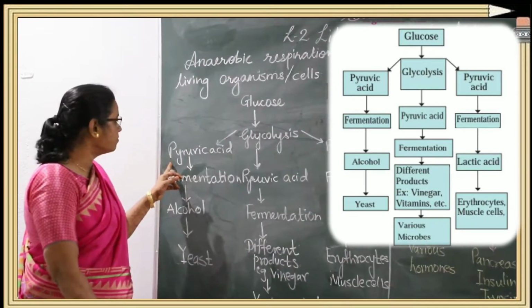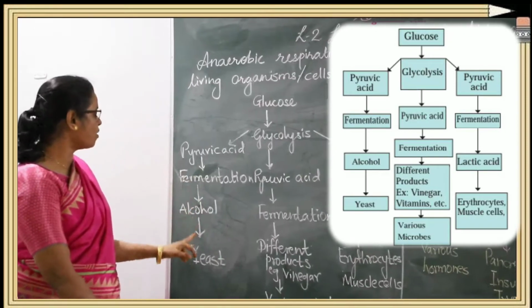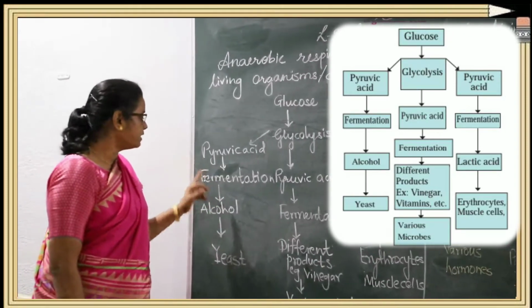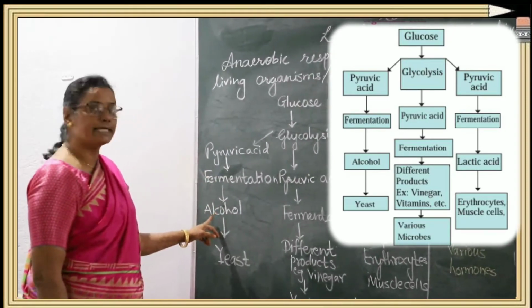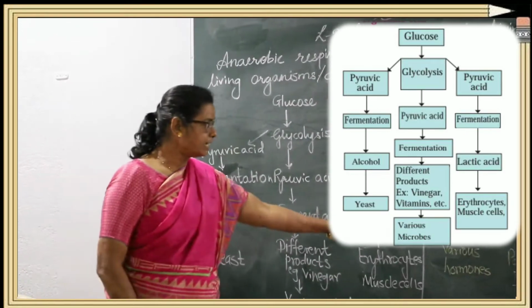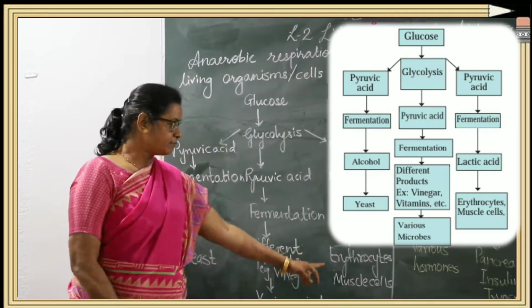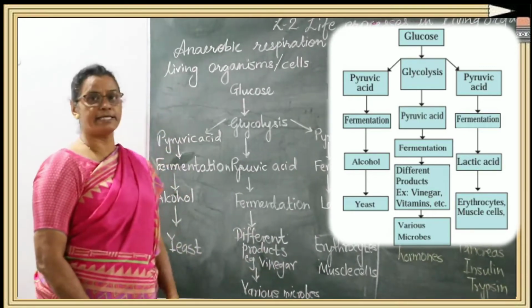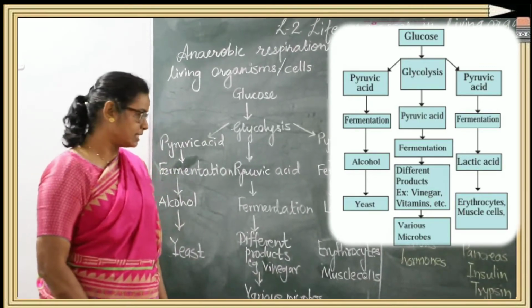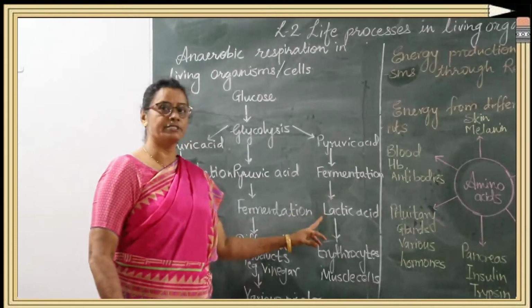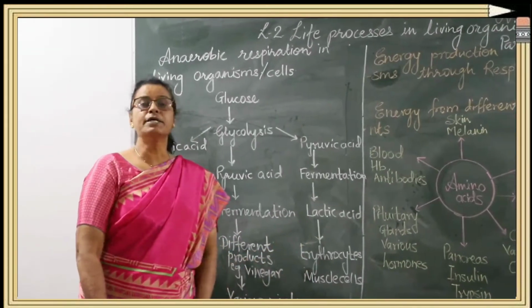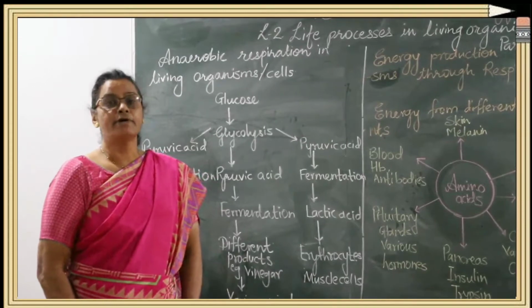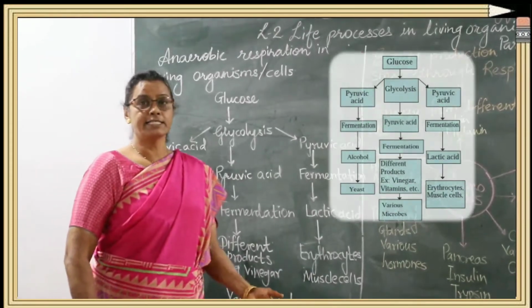Here, the process of fermentation occurs, and thereby it gets converted into alcohol and lactic acid. In our body, when anaerobic respiration takes place due to depletion of oxygen, lactic acid is produced, due to which the muscles get fatigued after exercise.